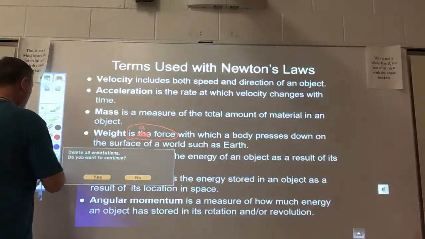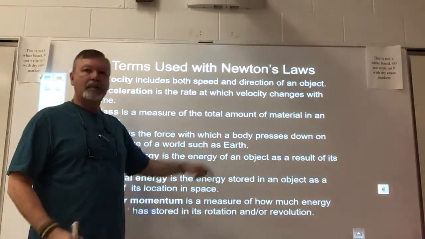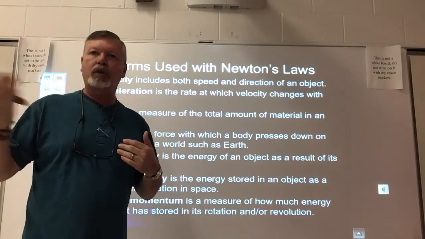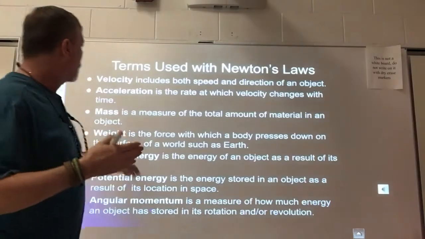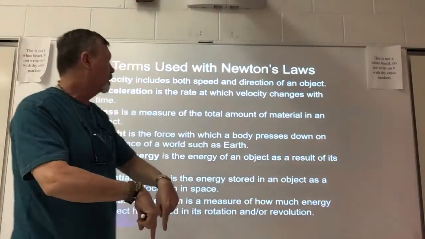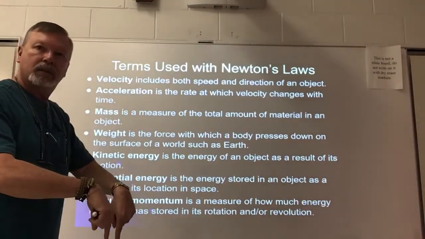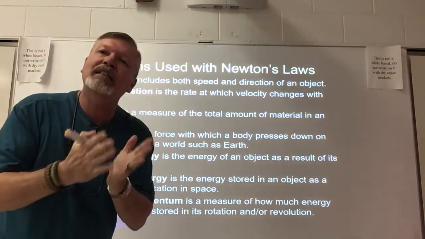So, what is weight? Weight is the force with which a body, what's a body? It's you, the chair, a car, the tables I have up here. So weight is the force with which a body presses down on the surface of the earth, the moon, Mars, whatever it's sitting on.